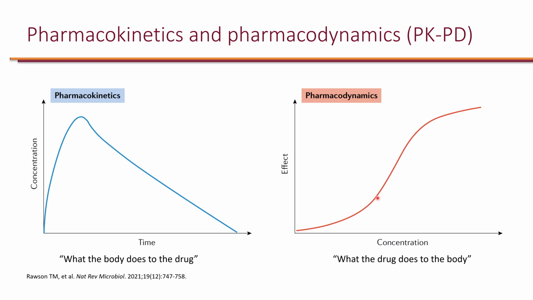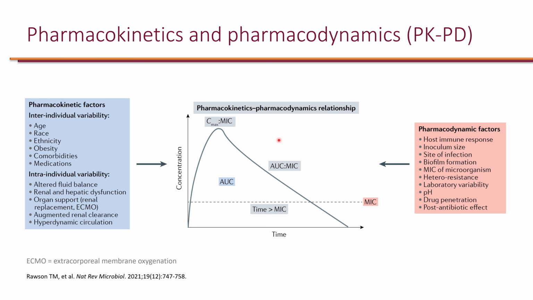That's in general. When it comes to antimicrobial agents for infectious diseases, we like to combine pharmacokinetics and pharmacodynamics because they can only make sense together. The way we think of pharmacodynamics is that we need to consider MIC, the minimum inhibitory concentration of the drug.